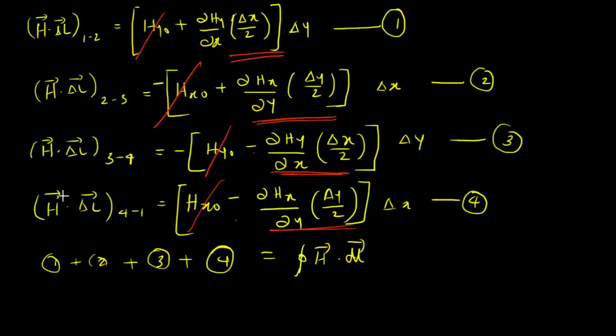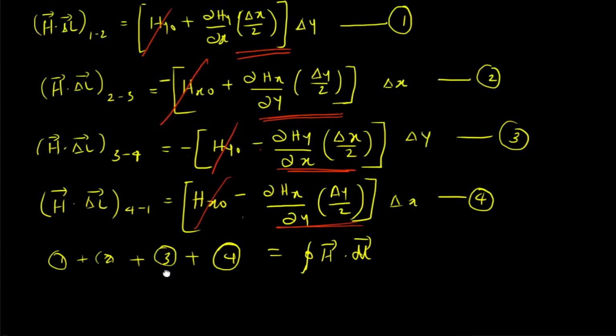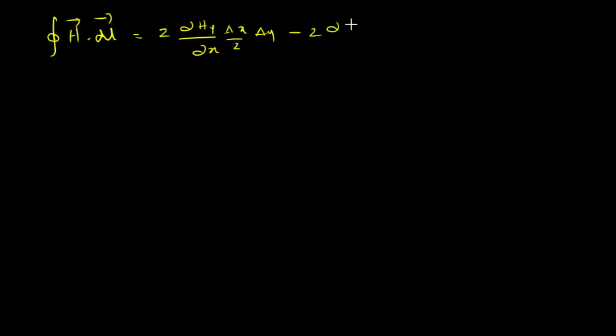If I add and write it together, the closed integral H dot dl becomes, if you want I'll write one more step, 2 times partial Hy by partial x, delta x by 2 delta y, minus 2 times partial Hx by partial y, delta y by 2 delta x.